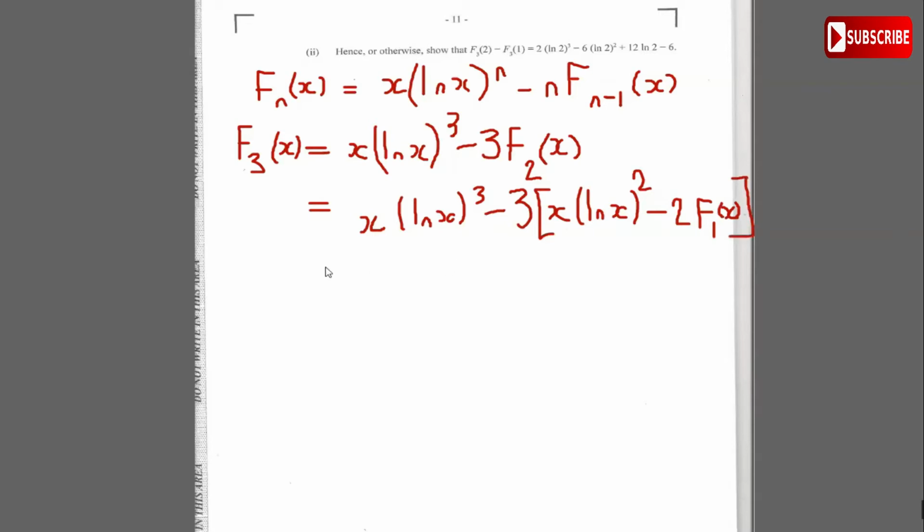You may proceed and go further to expand, and you're going to get x (ln x)^3.